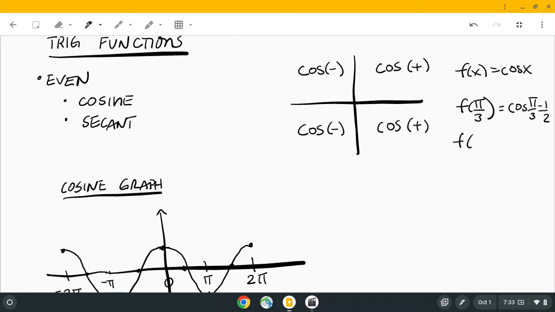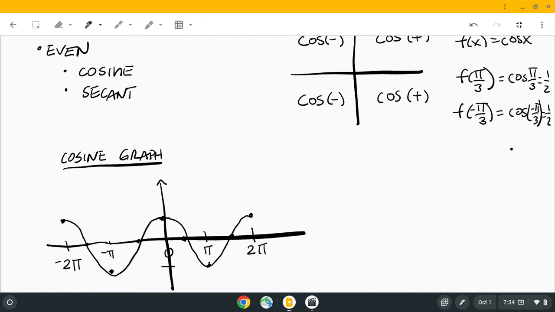And if I do cosine of negative pi over 3, I get the same thing. So that's what we mean by an even function. We get 1/2. You can't really see this here, getting a little crowded in there. Okay, 1/2. So whether you use positive pi over 3 or negative pi over 3, you get the same thing.